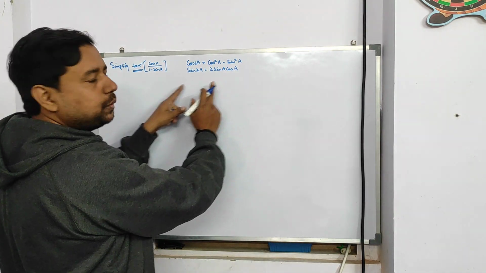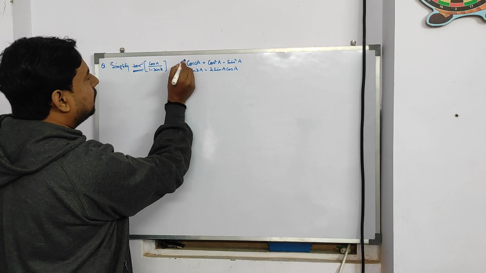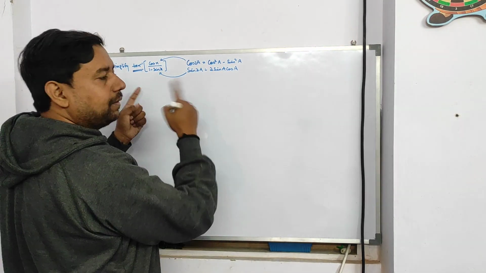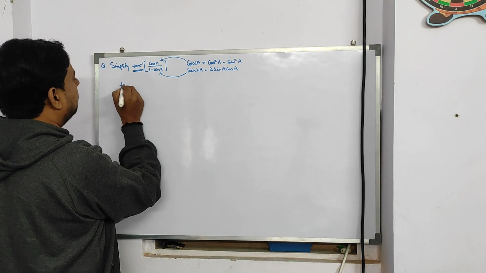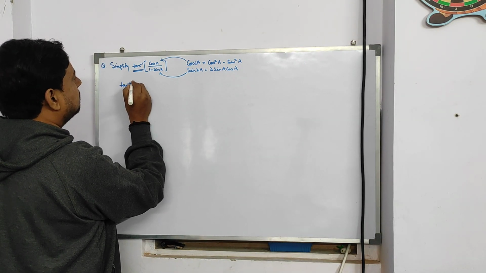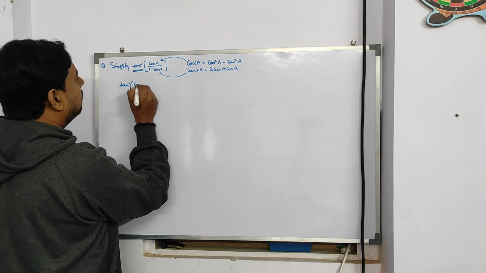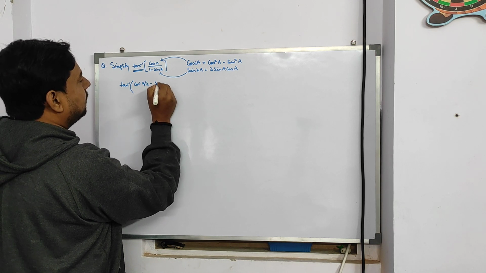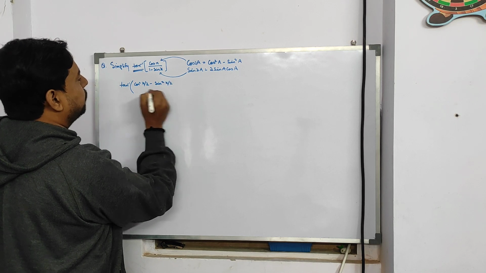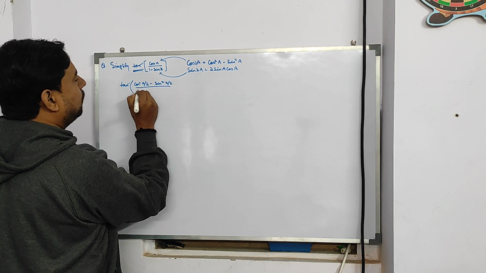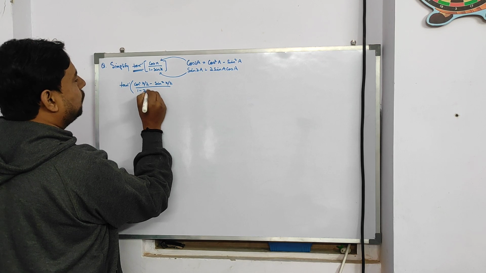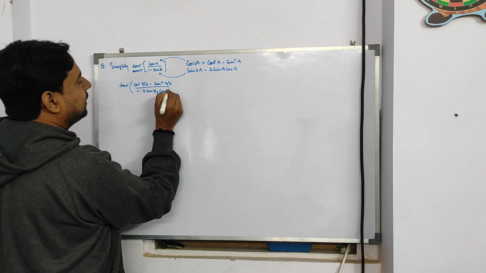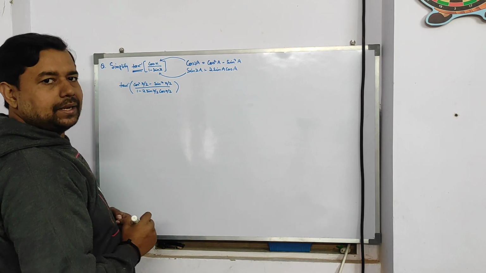Now using these two, we are converting cos x and sin x. So we will write like this: tan inverse of cos square x by 2 minus sin square x by 2 upon 1 minus 2 sin x by 2 cos x by 2. Easy.